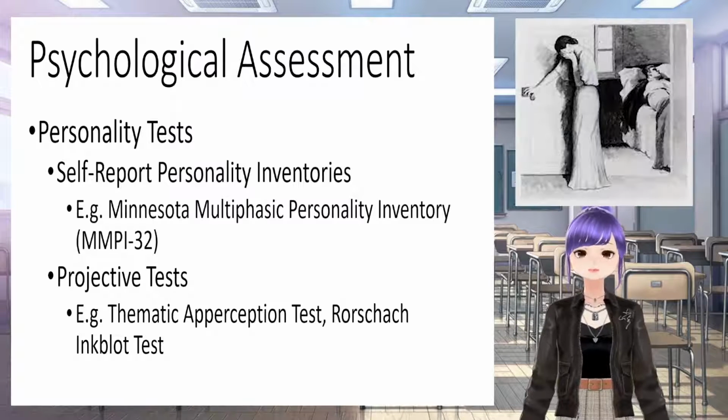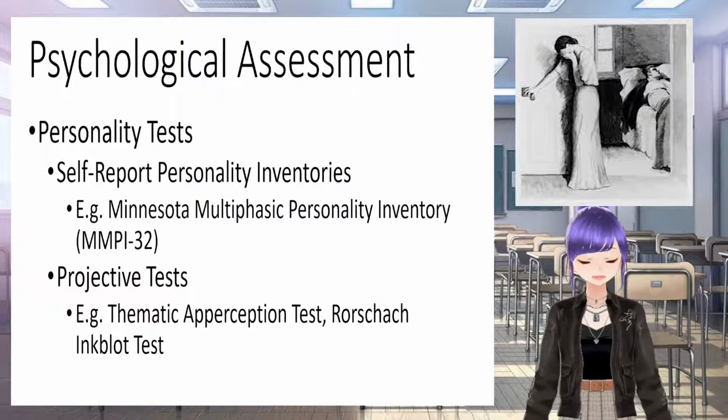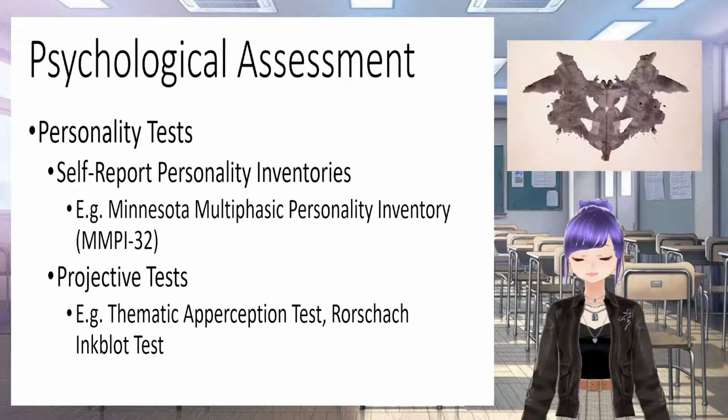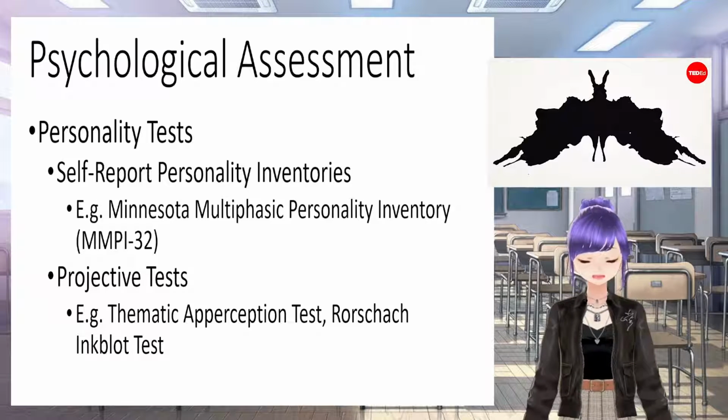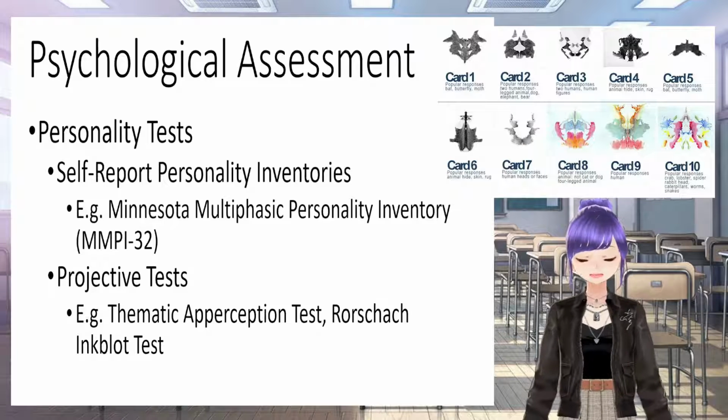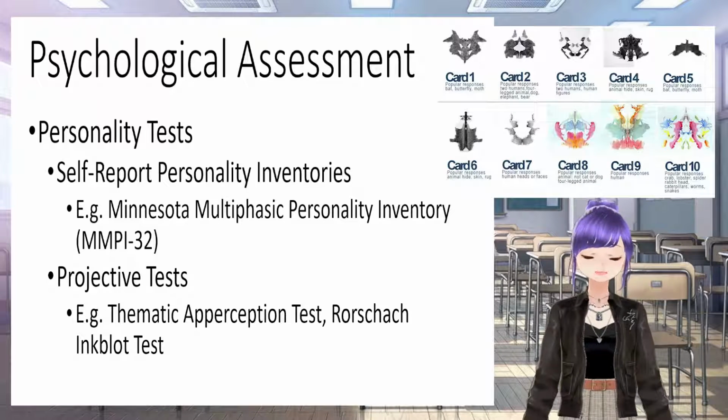So in the thematic apperception test, a person is shown a series of black and white pictures one at a time and asked to tell a story related to each picture. Meanwhile, in the Rorschach ink blot test, a person is shown 10 ink blots one at a time and asked to tell what the ink blots look like most.